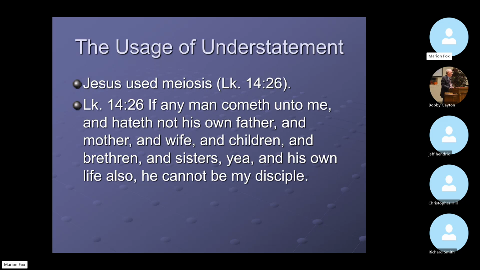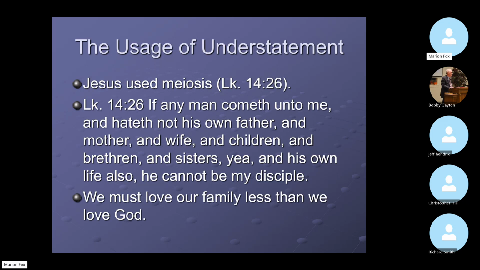And if I have to go against my father and mother, my wife, my children, and my brothers and sisters, I'll go against them. Those are the very closest people on the earth to us, genetically, of course. Love our family less than we love God. That's the point. But he uses hatred to depict that lesser love. God must take first place in our lives.